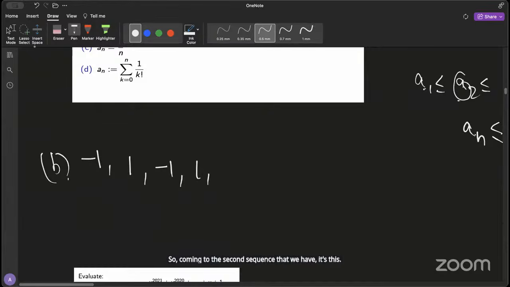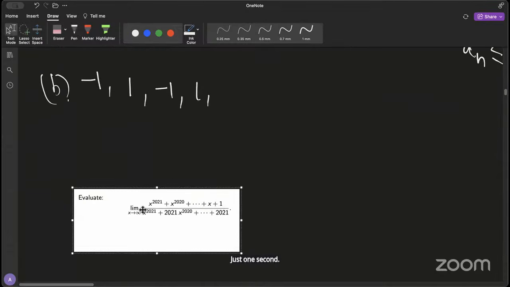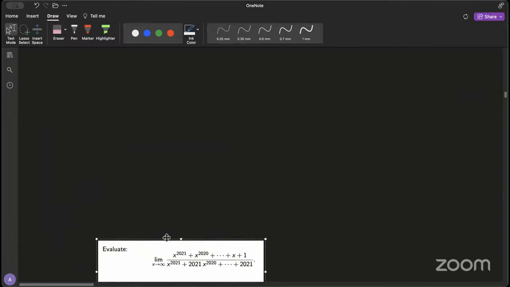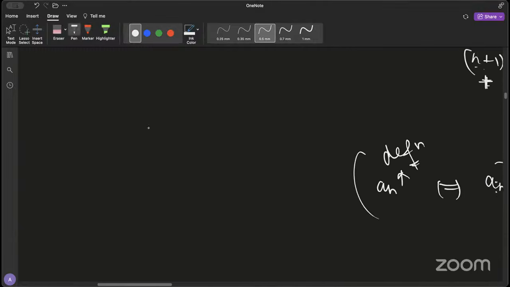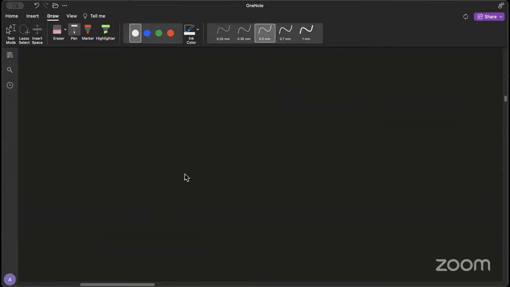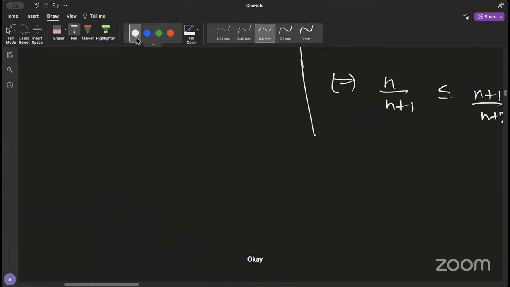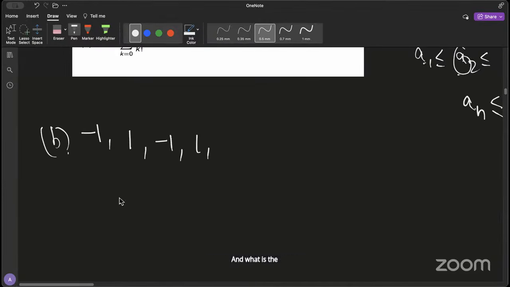Okay. So coming to the second sequence that we have, it's this. Now our definition says, and what is the definition of decreasing?